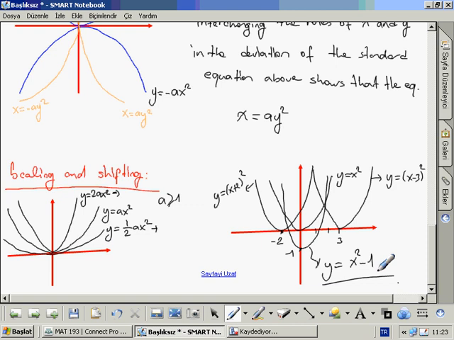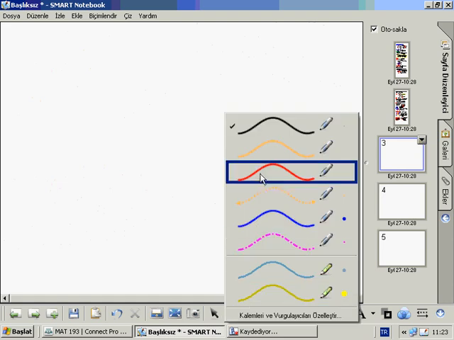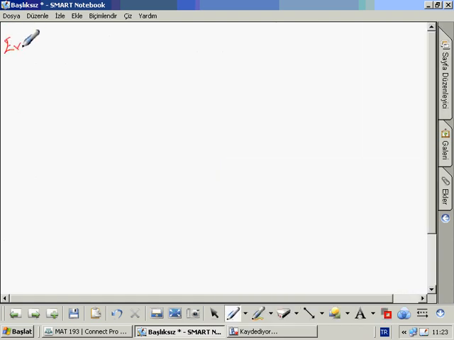And let me show you an example. Let's describe y equals x squared minus 6x plus 10. This equation represents a parabola, and it's opening upward.